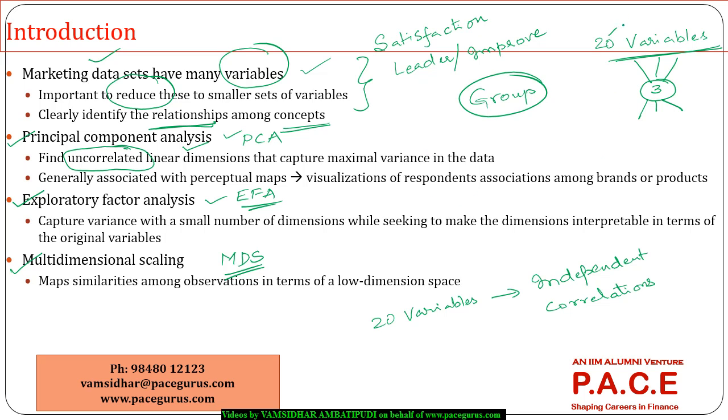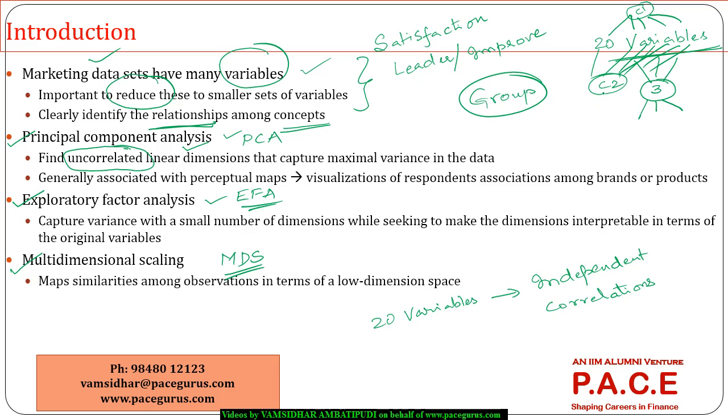So these 20 variables form some linear combination and make one new component called C1. Similarly, these 20 come together in some other combination and form another component called C2.